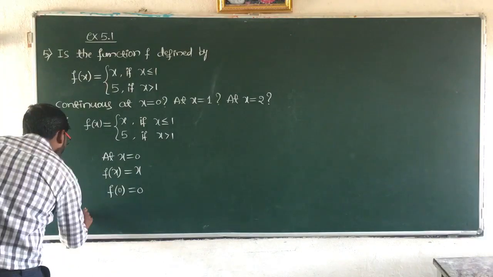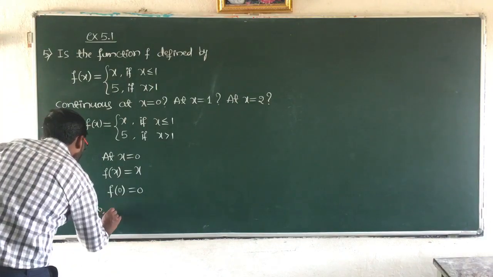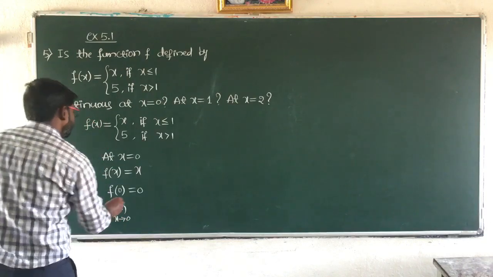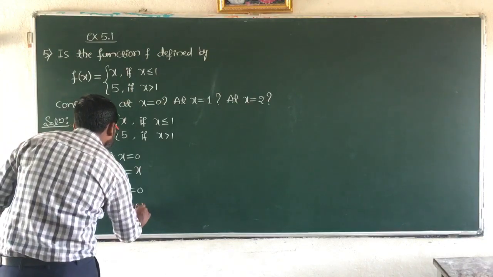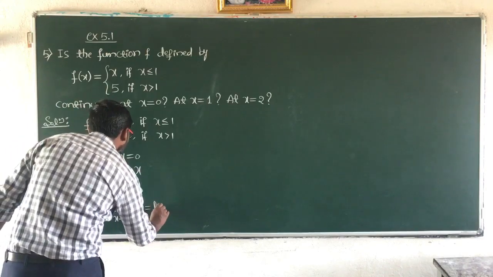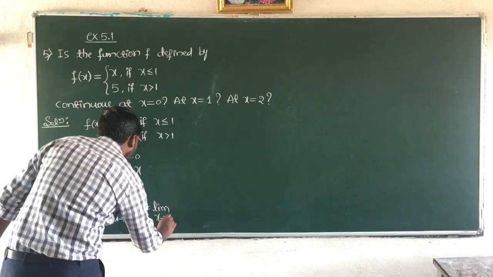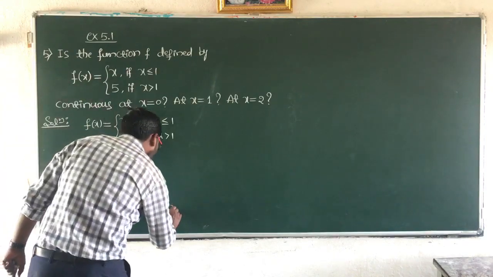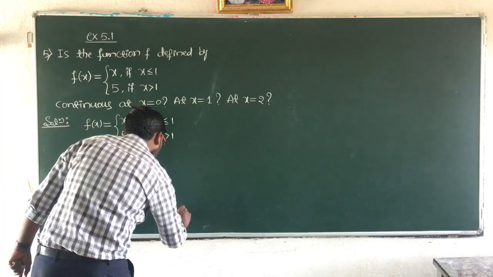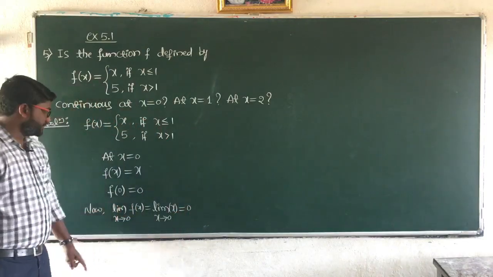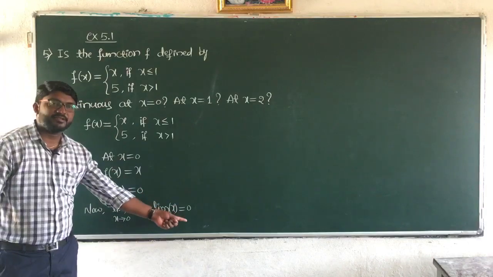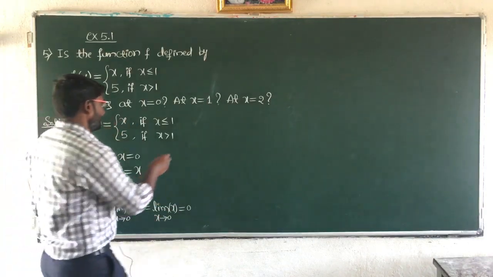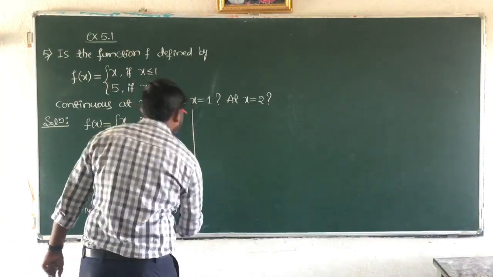So now see here, limit x tends to 0 of f of x is equal to limit x tends to 0 of x, which is equal to 0. So here the value of the function and the limit of the function coincide, hence the function is continuous at x equal to 0, and then after that we will have to go for x equal to 1.